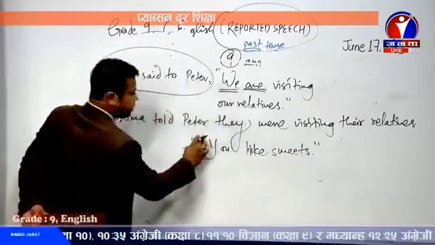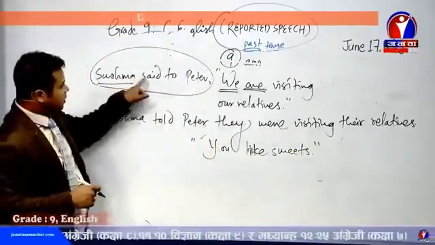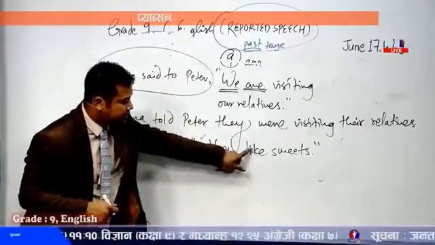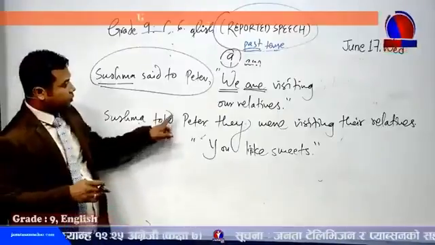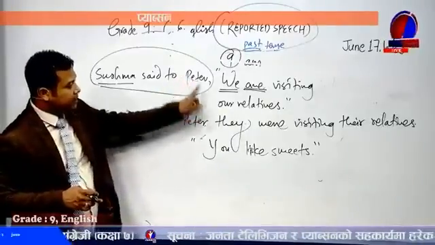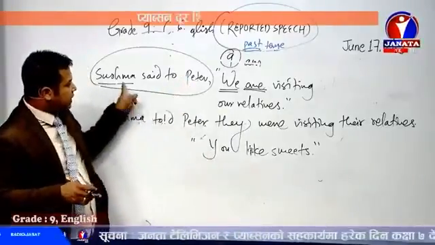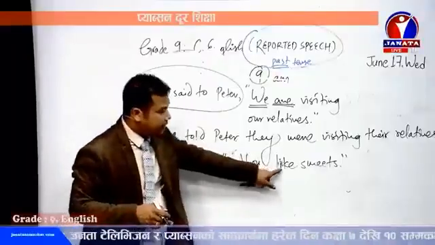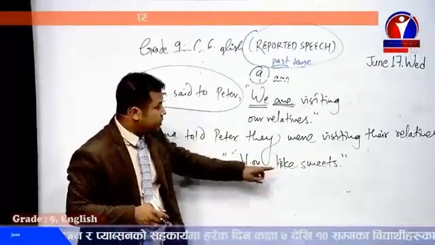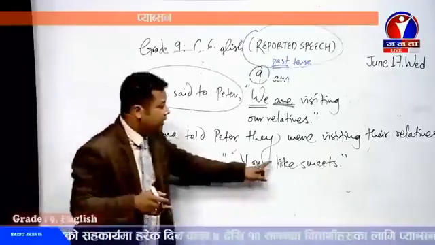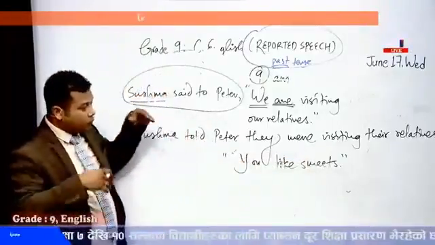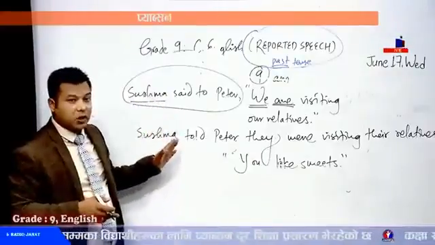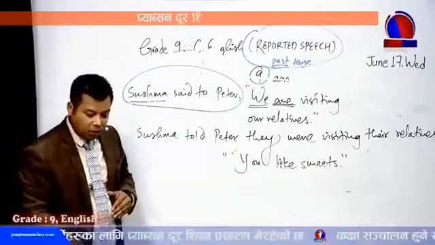If this is a statement, Susma said to Peter, you like sweets. So, Susma told Peter that she is a speaker. So, she like becomes past tense. She liked sweets. That is how we try to work with reported speech. Many examples to go.